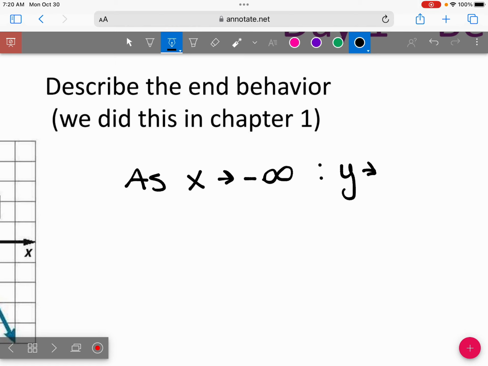So we say that y approaches positive infinity. As x approaches positive infinity, so as x gets real big, what happens to our y's? They go down. So the way we say that is that y approaches negative infinity.